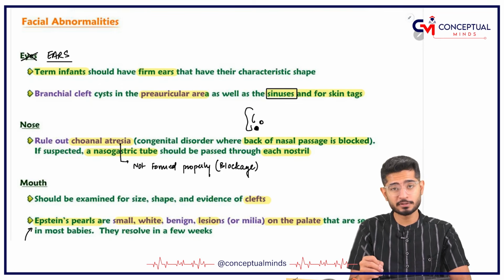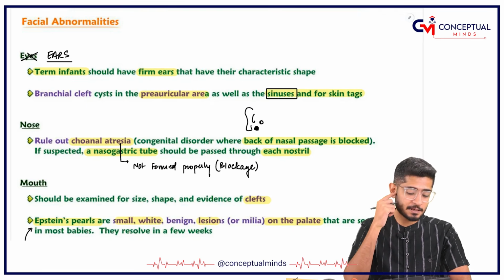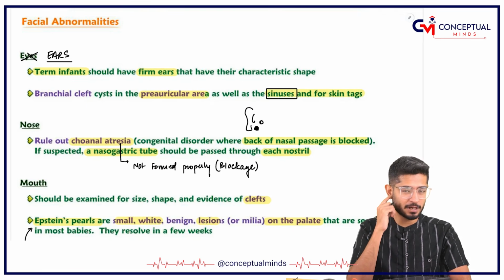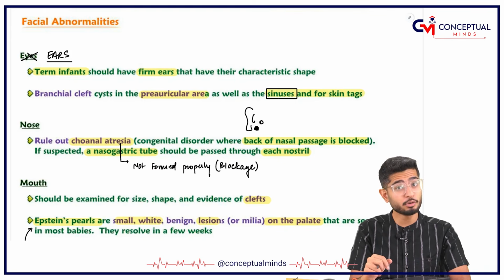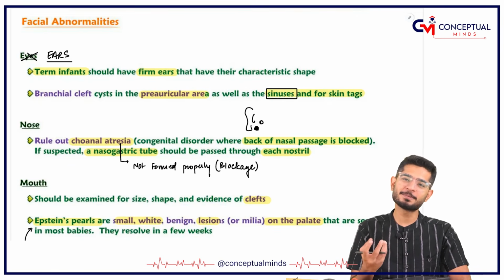You have to look out for the skin tags and the pre-auricular sinuses, because these sinuses sometimes might be having pus, might be having infections. You have to look out, because the baby is itself a mystery. Young patients and adult patients come with a history. My babies come with only the mystery, because the baby can't tell you what is happening. He'll only cry, cry, cry and cry.